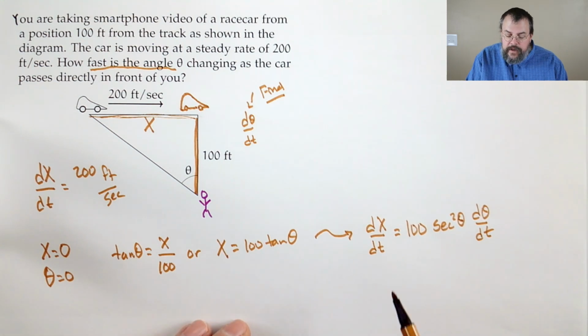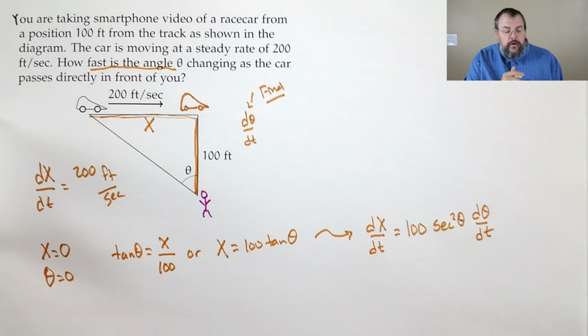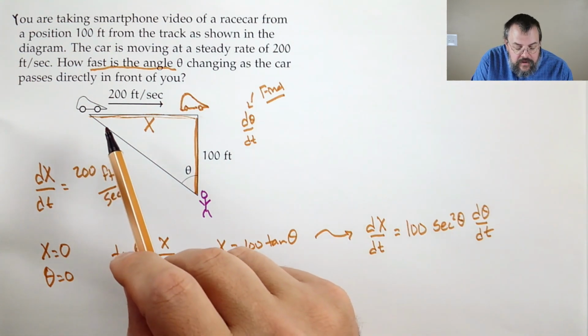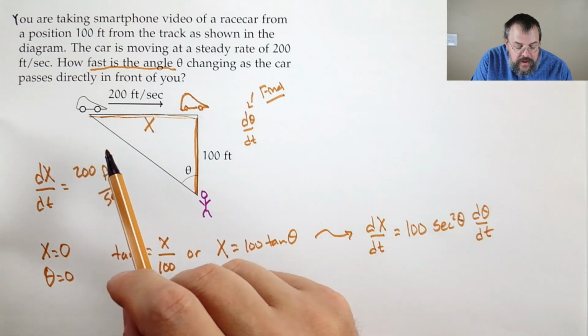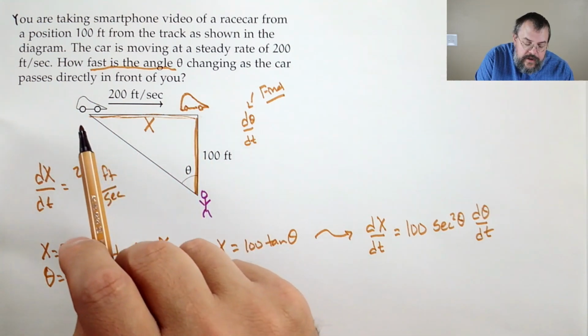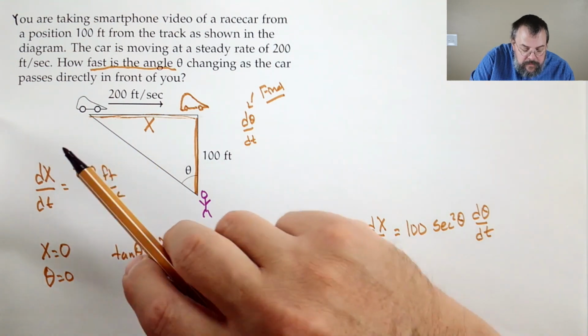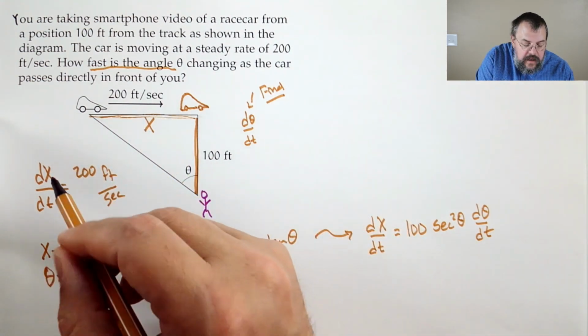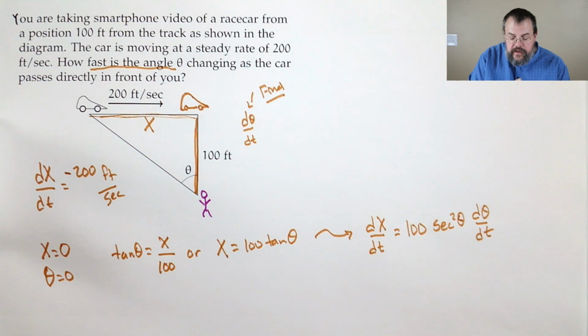All right, well, we know what dx/dt is. It's always 200. Okay, good. I guess I should have asked the question, is this 200 positive or negative? Well, in this diagram, because I'm following as it comes in, it would be a negative. So I should update that. That should be a negative.